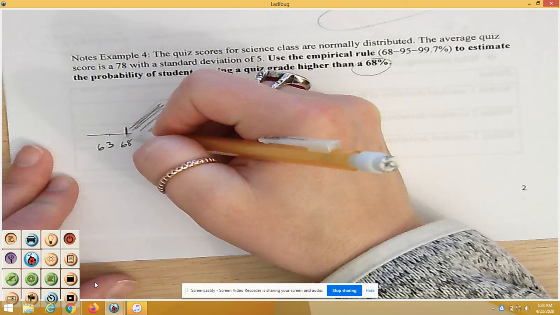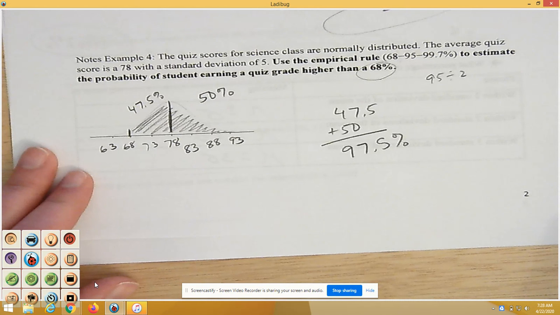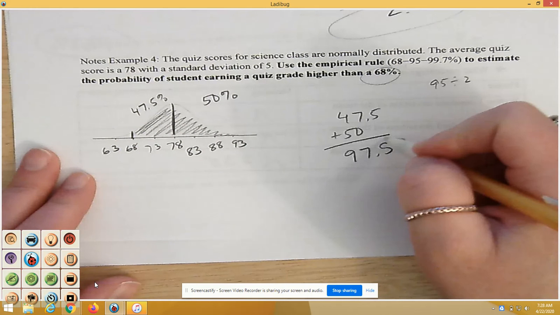So since 68% isn't a very good score, especially since 78 is your mean, most of the students would be getting a score higher than 68. Another way you could think of it is looking just at this tail here. So you could also have used your little chart that I showed you at the beginning.